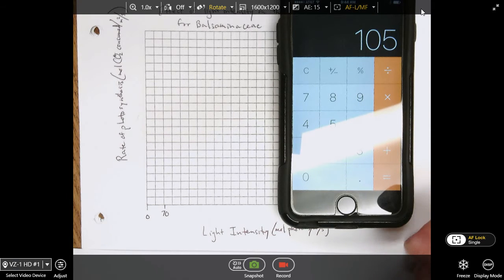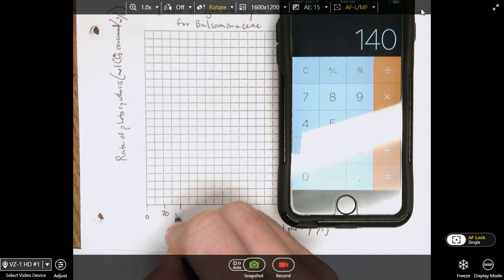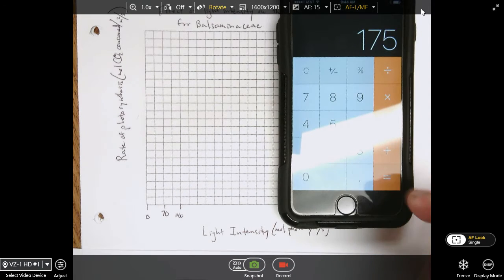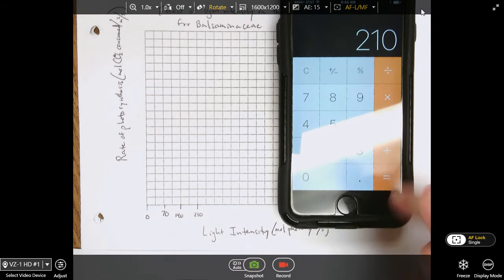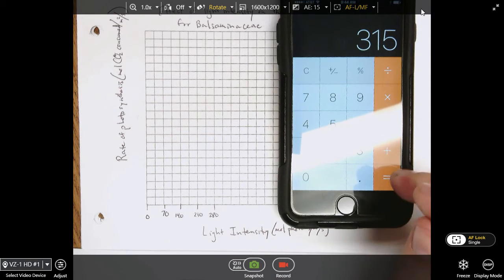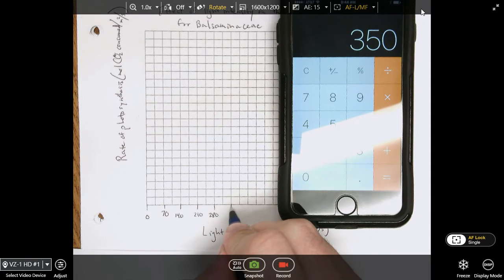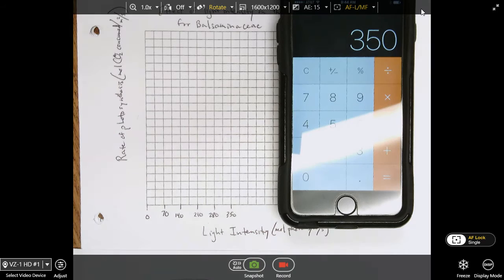So the next line would be 105, the next line after that would be 140, maybe 175, then 210, 245, 280, 315, 350, and I keep going until I get past 1,000.